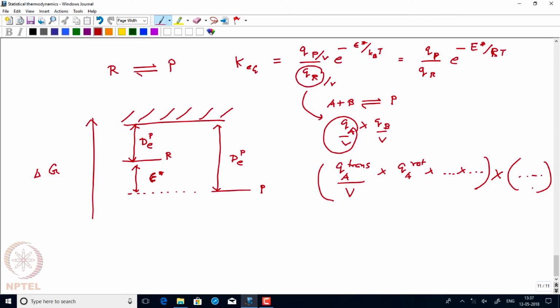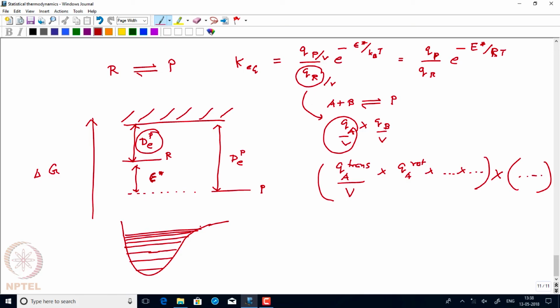One more point to note is that this dissociation energy means the experimental dissociation energies. There are two kinds of dissociation energies. Suppose I have a bond vibration and the bond is dissociating. Usually the potential for bond vibration is an anharmonic potential. So there you have the zero point energy, as we just discussed, just like harmonic oscillators.